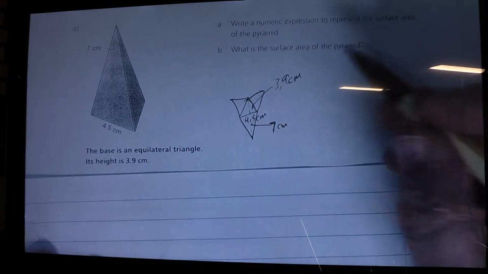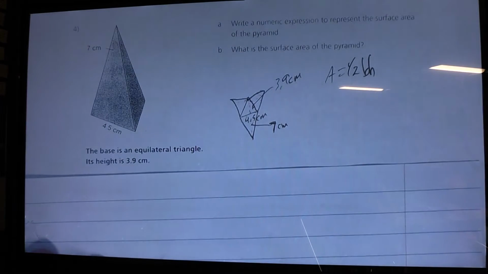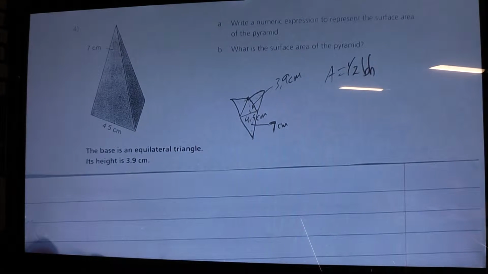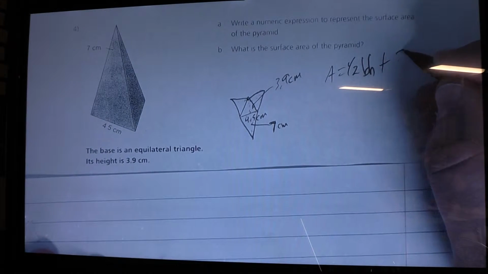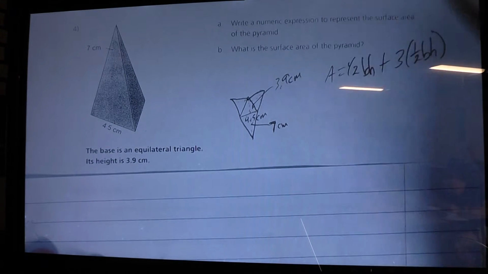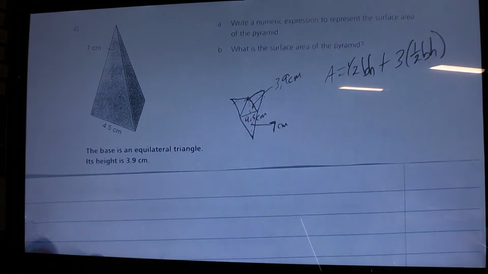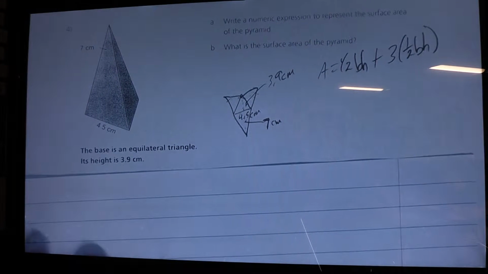So I'm going to use area equals half base times height for my formula for finding the area of a triangle. And I'm going to add to that 3 times half base times height to get the areas of those, and I'll have my answer. Now it wants an expression.